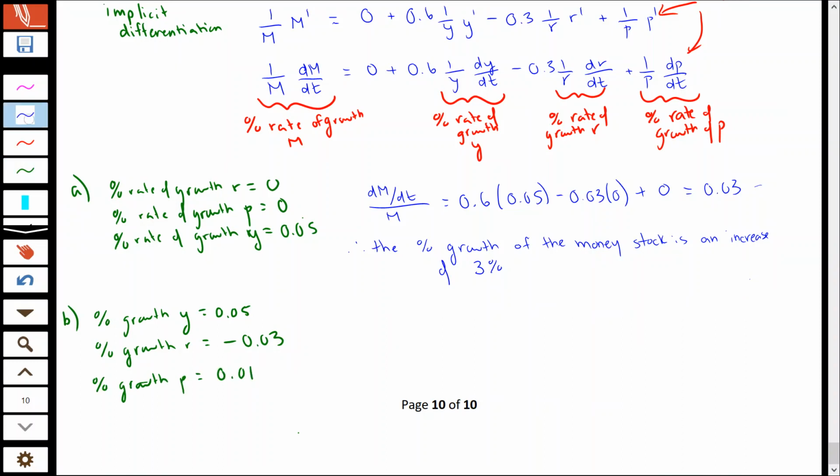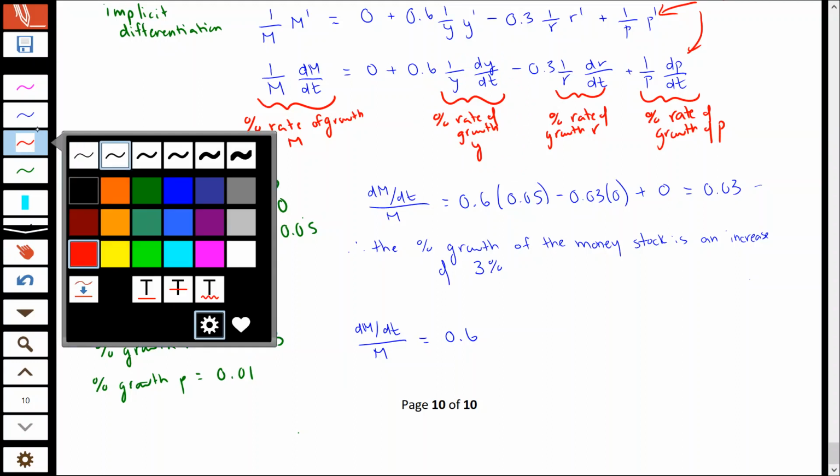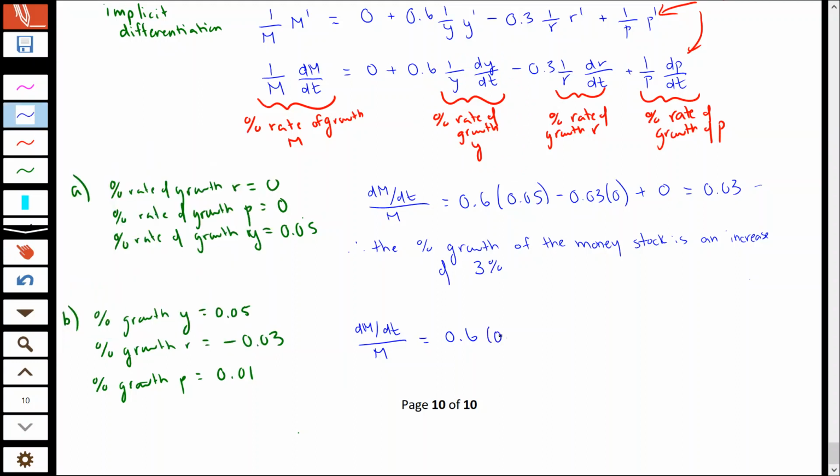And we again want to know what that percentage change of the money stock is. Well, that change in the money stock is 0.6 times my percentage growth rate of Y, which we said was 0.05 again. Minus 0.03 times my percentage growth of R, negative 0.03.